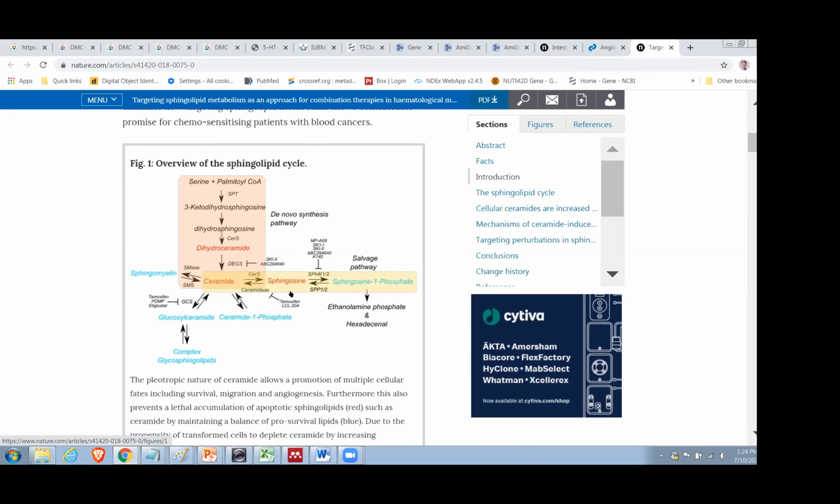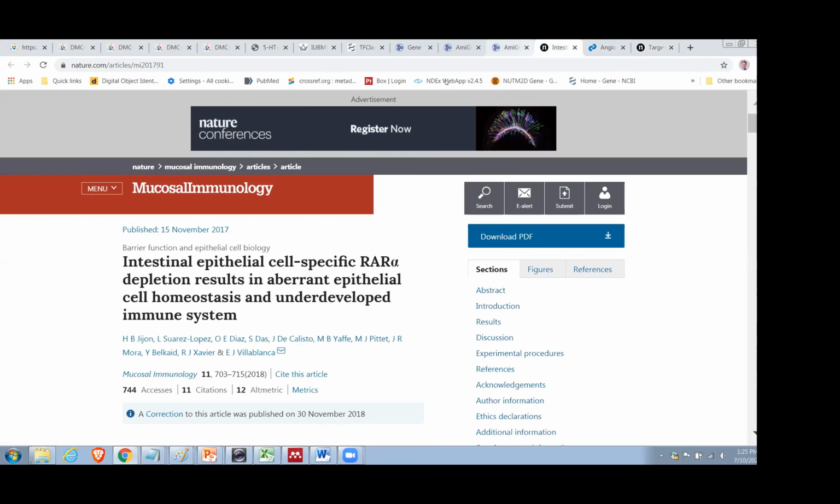So the sphingosine 1 phosphate synthetic pathway originates with ceramide, and one of the enzymes that's important for the synthesis of sphingosine is ceramidase.